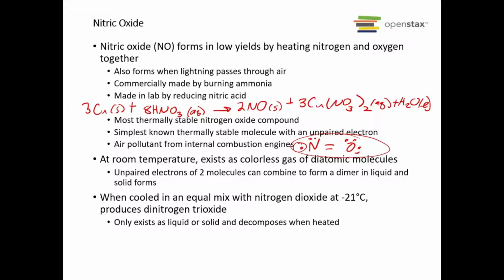And we'll look at what the dimer looks like on the next slide. And then one reaction that can happen is if you take it and you cool it in an equal mixture with nitrogen dioxide at -21 degrees Celsius, you produce dinitrogen trioxide, which only exists as a liquid or solid and will decompose very quickly when it's heated.